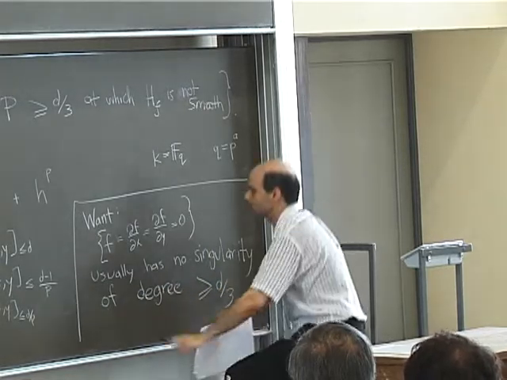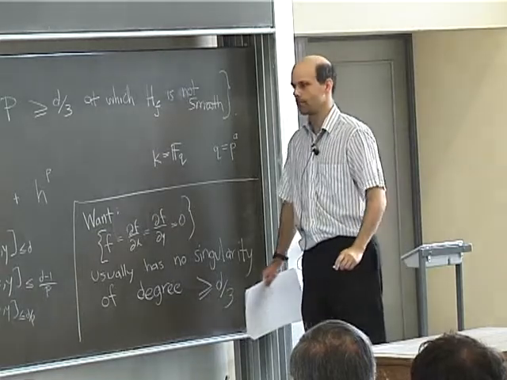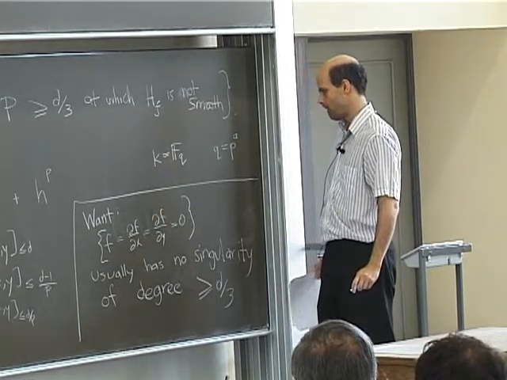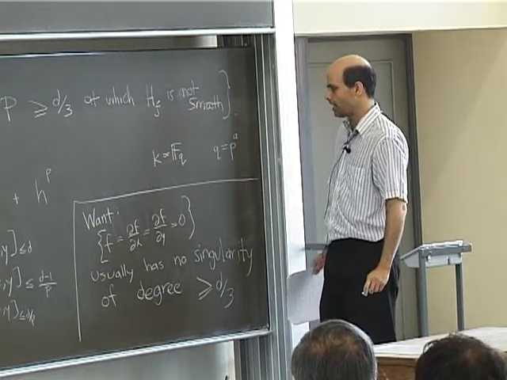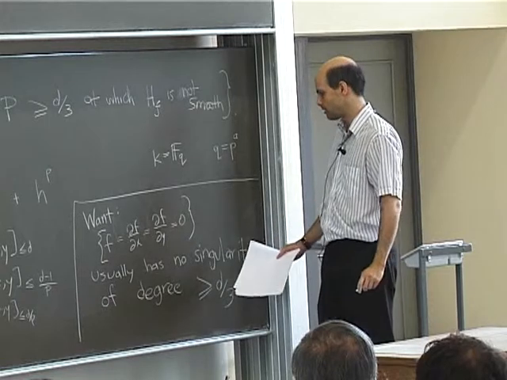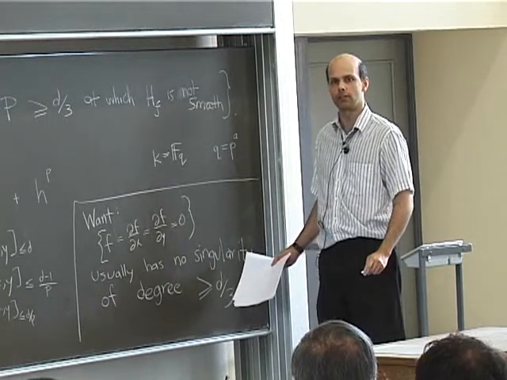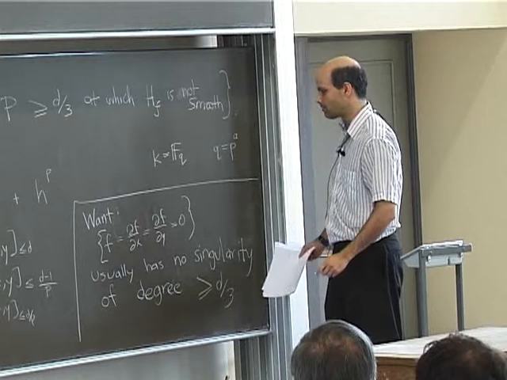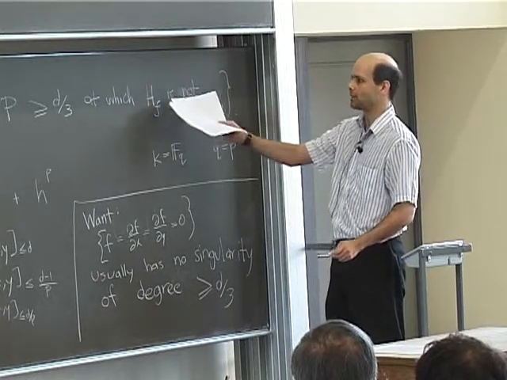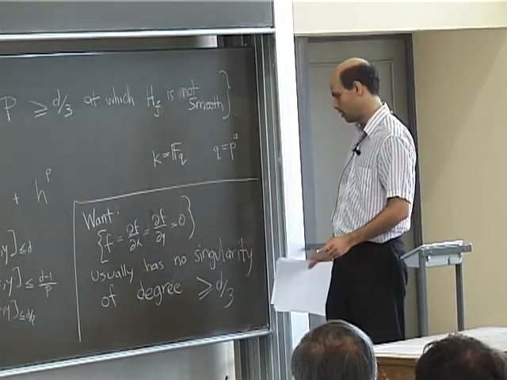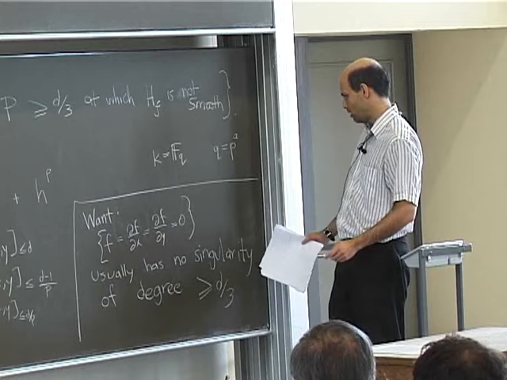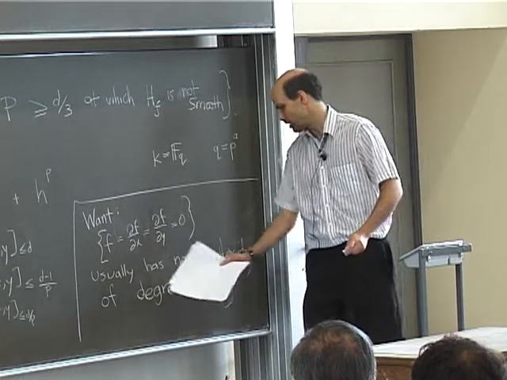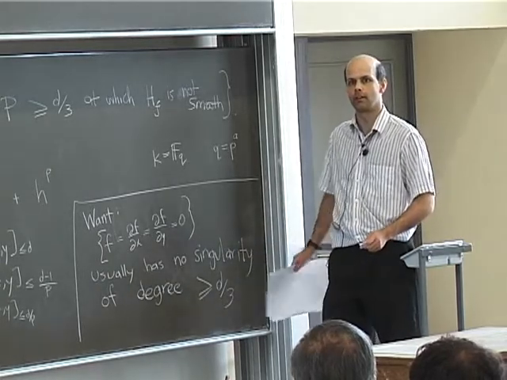You mean that there's no common solution? It's okay if it has common solutions as long as those common solutions are points of low degree. I want to bound the probability that there's a singularity of high degree. It usually has no singularity of degree greater than or equal to d over 3.